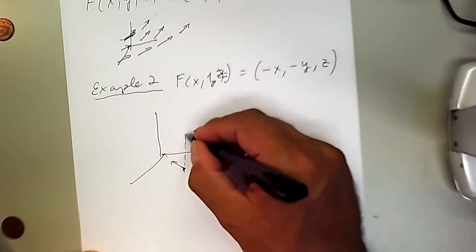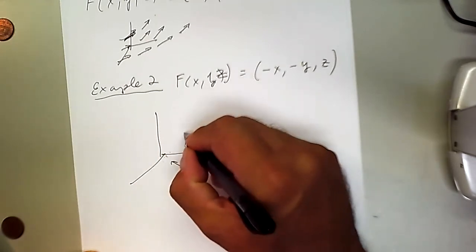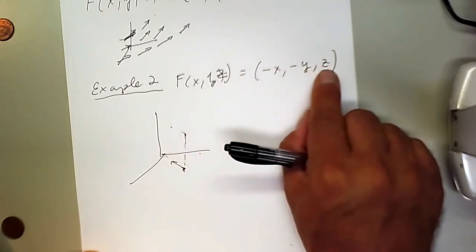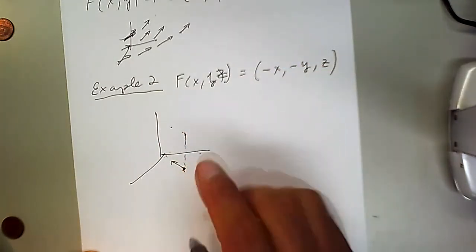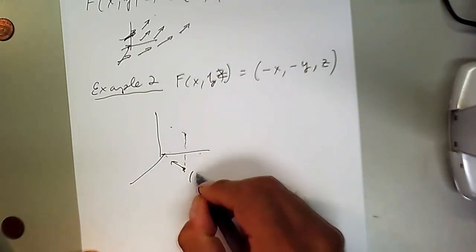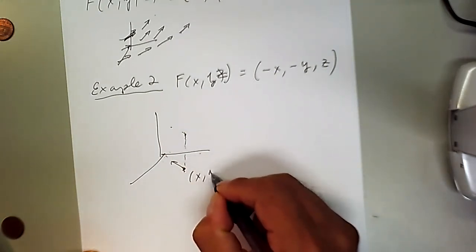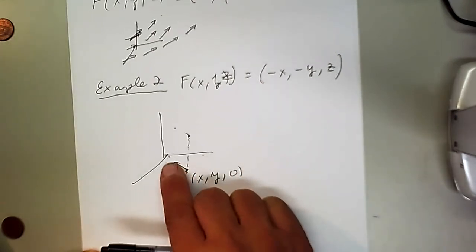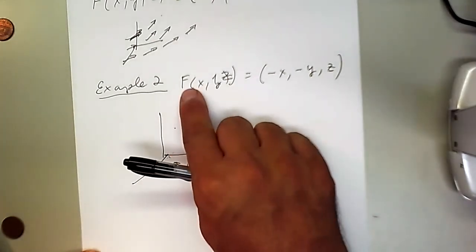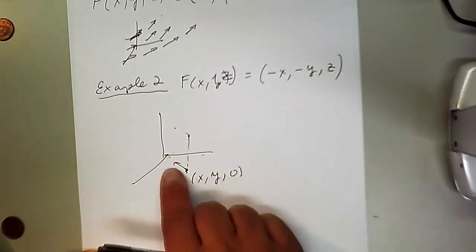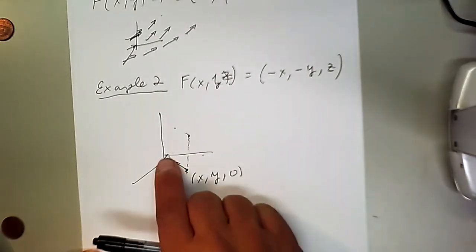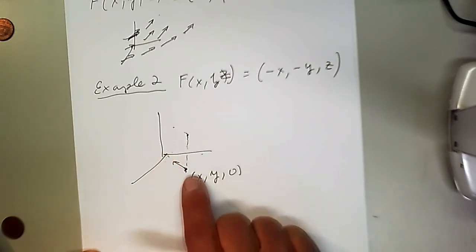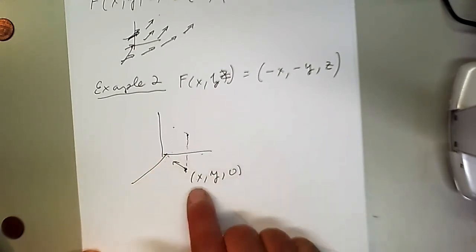Now, if you have a point directly above it, it is going to go back to the z-axis, but you're going to add a height to it. So this particular generic point on the floor will have coordinates (x, y, 0). So this is the input. And then the output is going to be (negative x, negative y, 0). So it's going to go directly back to the origin for any point on the xy plane there.